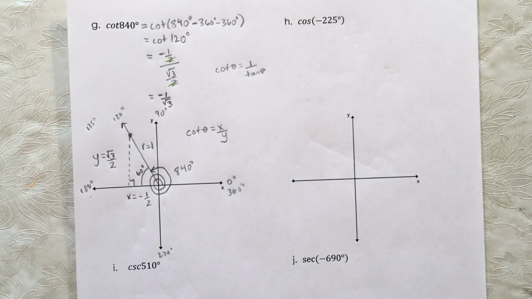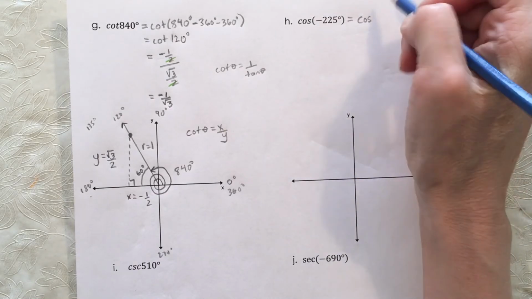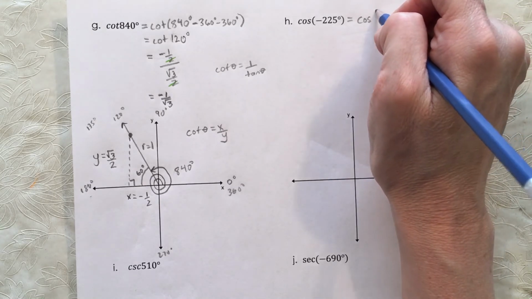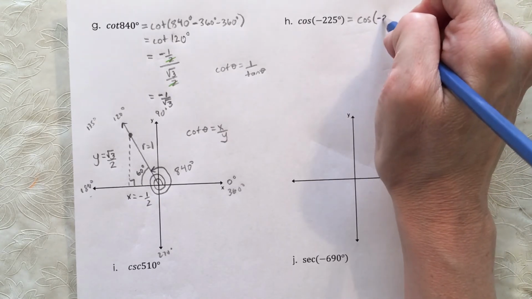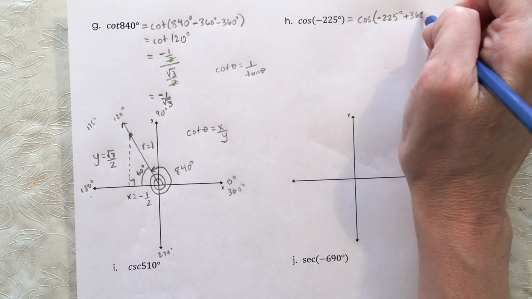Okay, cos of negative 225. So it's going to be the same as the cosine of an angle that has the same terminal arm. So I would say it's going to be the same as the cosine of negative 225 plus 360.